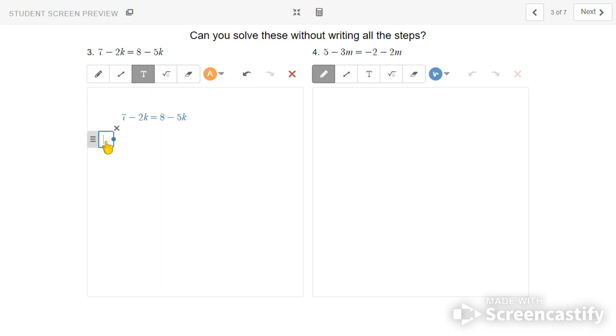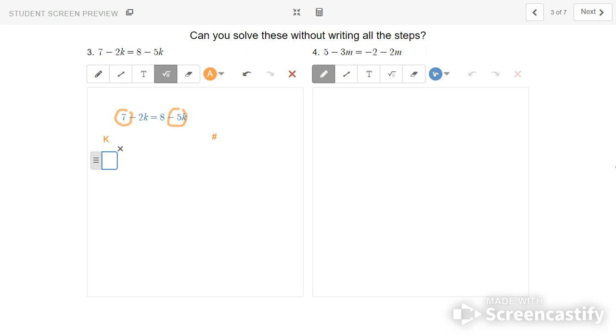Okay, I want to have all the k's on this side and all the numbers on this side. We know that this one is not in the right place. This one is also not in the right place. So for my plus 7 to become 0, I would have to subtract 7. For my subtract 5k to become 0, I need to add 5k.